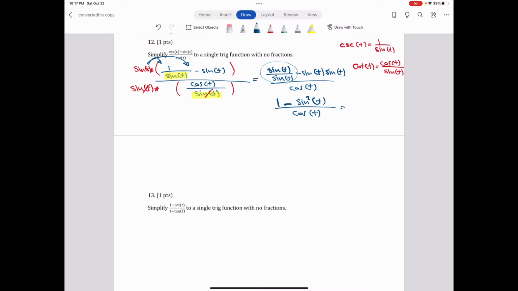So now I know that the numerator is equivalent to cosine squared t over cosine t. One of these is going to cancel with the cosine, and we will have the final answer to be cosine t. So this expression simplifies to cosine t.